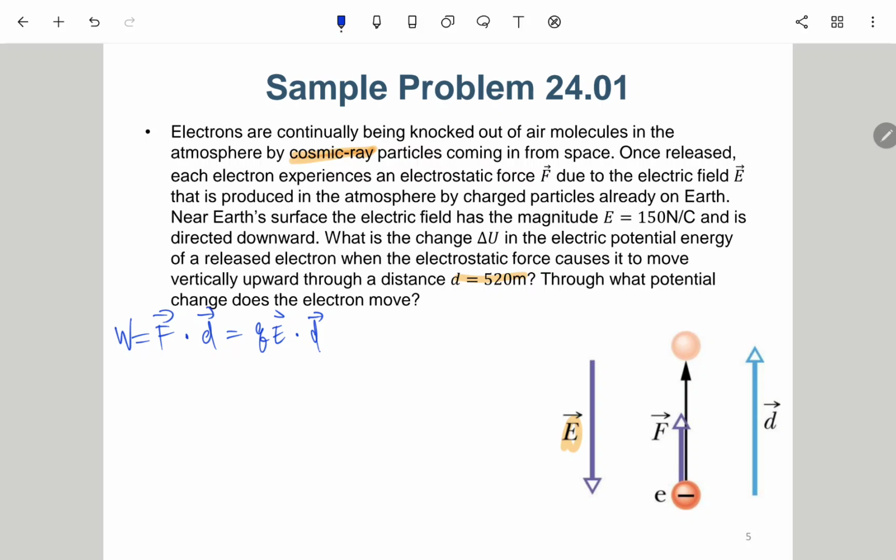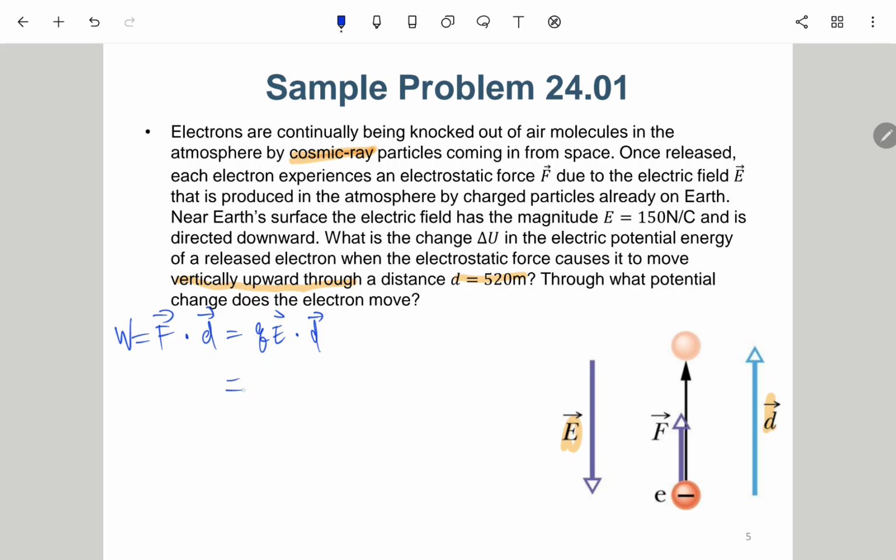Okay, so actually it tells you that the electron is moving vertically upward through a distance. The displacement vector is pointing upward and the E field is pointing downward.